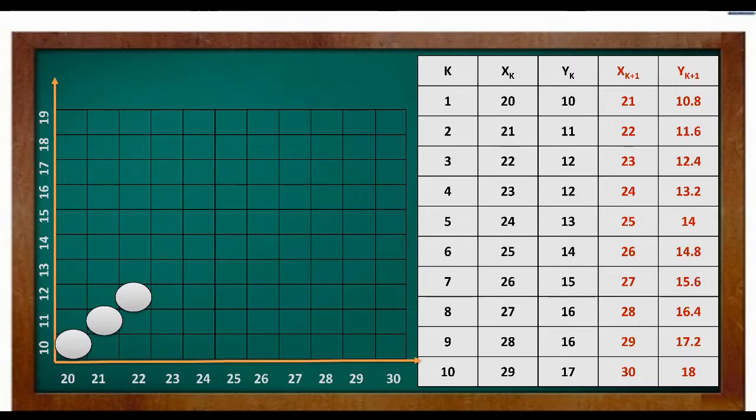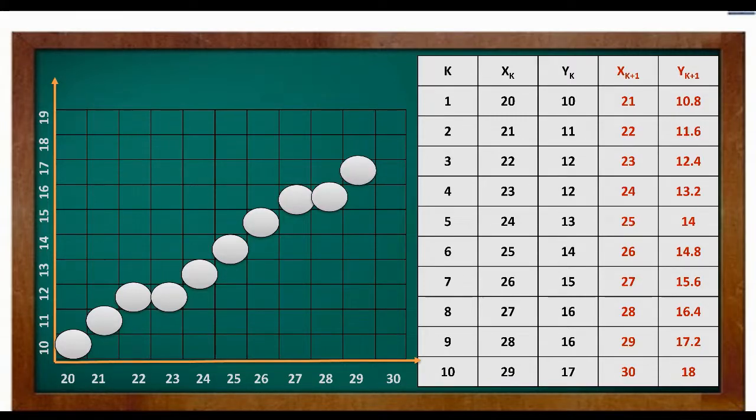Then 23, 12. 24, 13. 25, 14. 26, 15. 27, 16. 28, 16. 29, 17 and 30, 18. So we get a graph like this when we plot all these points. We have generated the graph using the DDA algorithm.